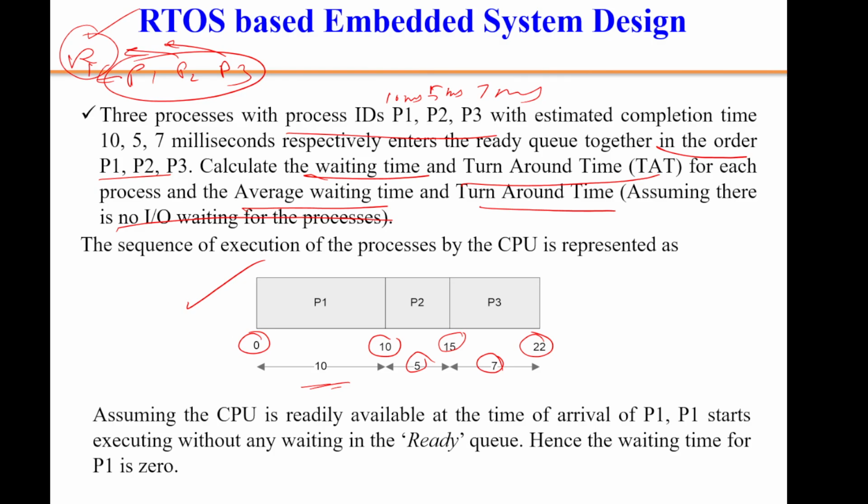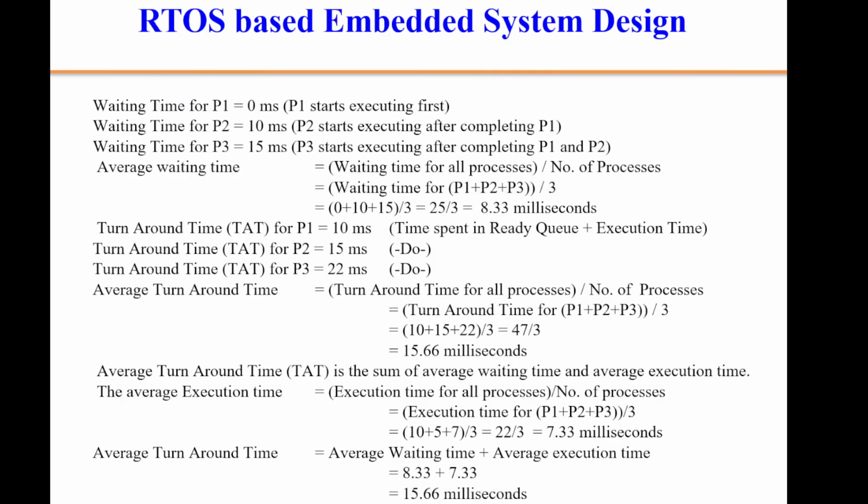As P1 entered first, there is no waiting time for P1. That is, P1 waiting time is nothing but 0. Next, we need to calculate the waiting time as well as the turnaround time for P1, P2, P3. So waiting time for P1, as it started first and there is no waiting in the ready queue, is 0 milliseconds.